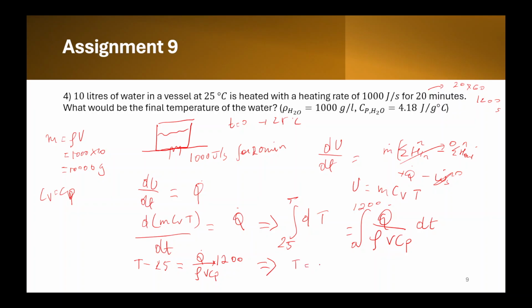So T will come out to be 25 plus q dot, which is 1000, by again 1000 into 10 into Cp, which is 4.18, and into 1200.